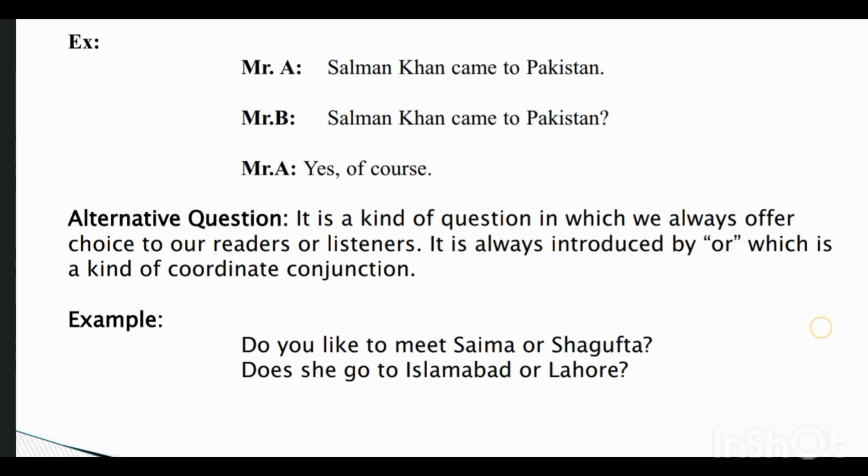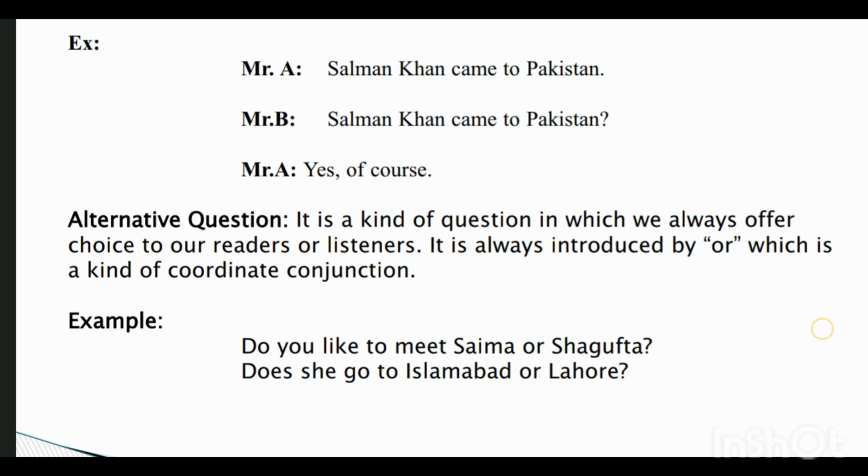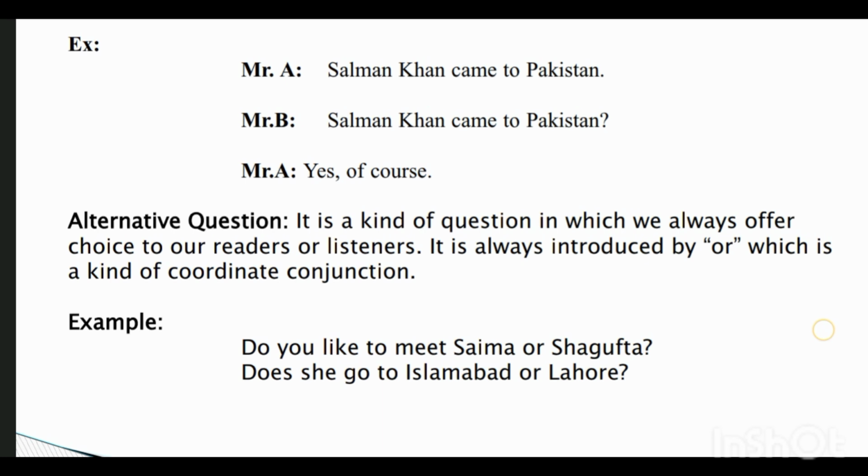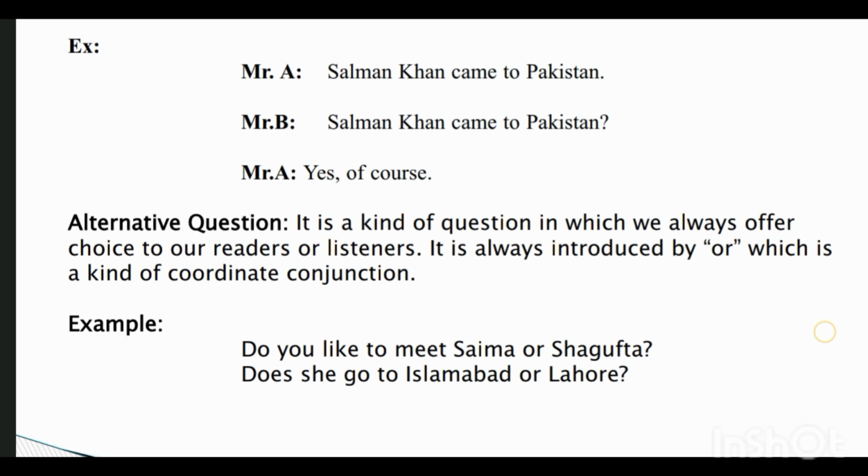Alternative question is a kind of question in which we always offer a choice to our reader or listener. It is also introduced by or, which is a kind of coordinating conjunction. Like, do you like to meet Sama or Shagufta?